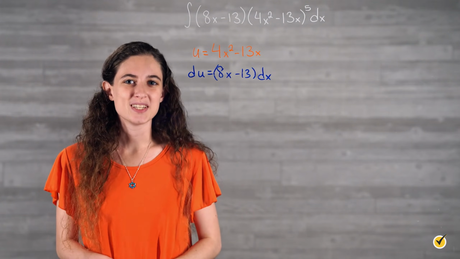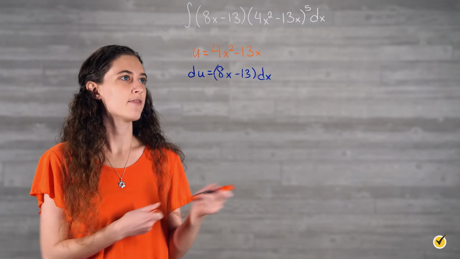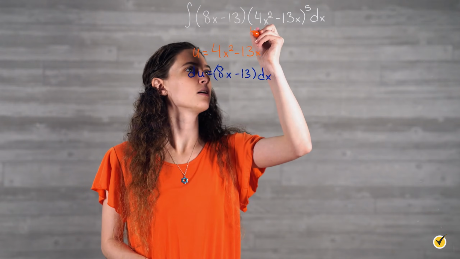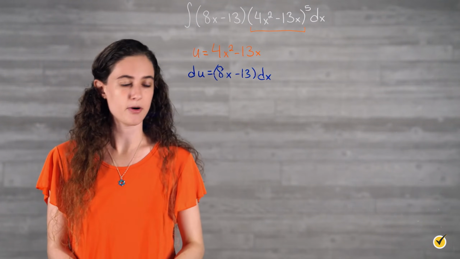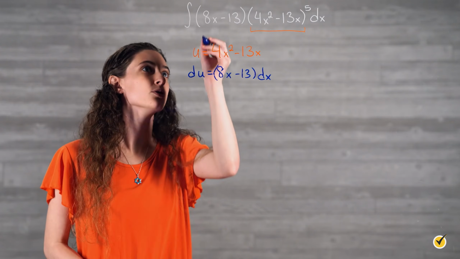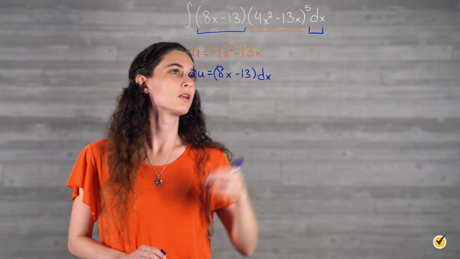This gives us everything we need to rewrite the integral in terms of u. So we're going to have our u right here, this part, not including the fifth power. And then our du is this part and this part.